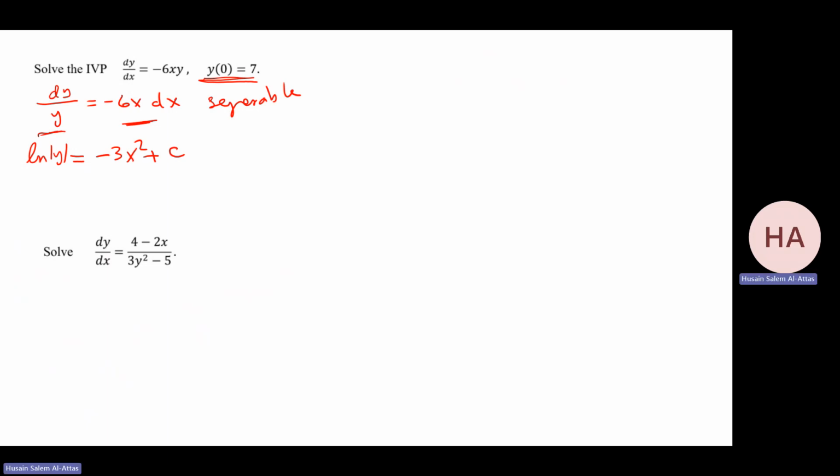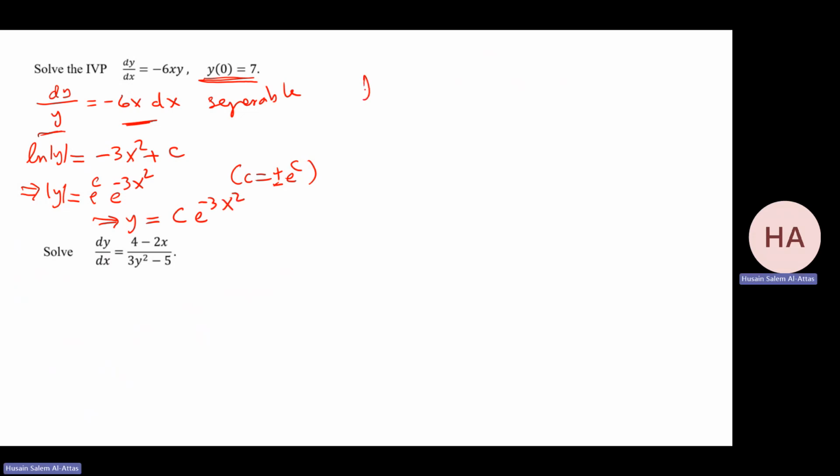That implies the absolute value of y is e to the power of c times e to the power of minus 3x squared. Or if I choose c to be plus or minus e to the power c, there's no need for the absolute value. So y equals c e to the power of minus 3x squared.